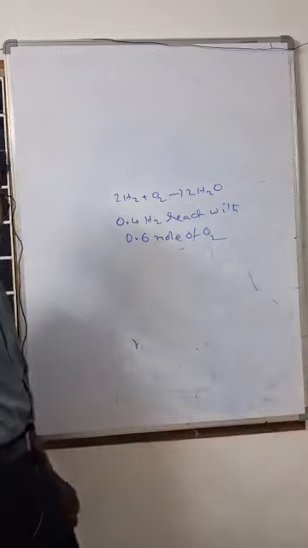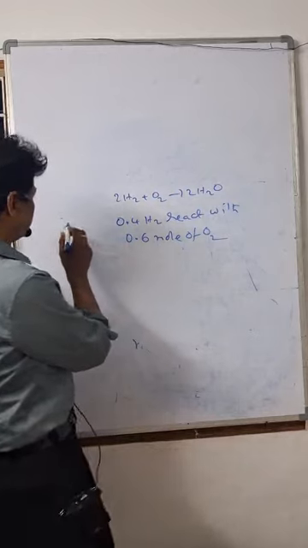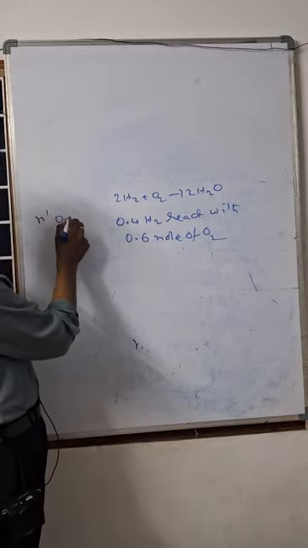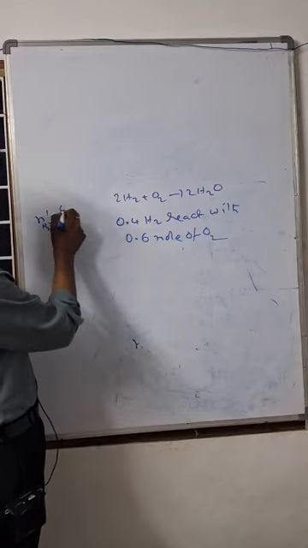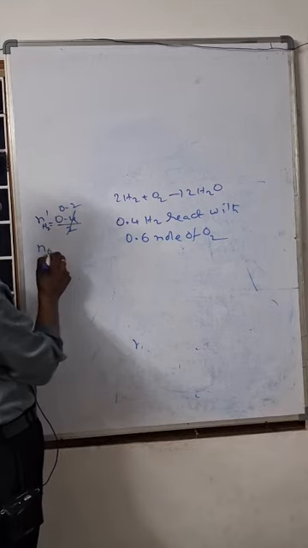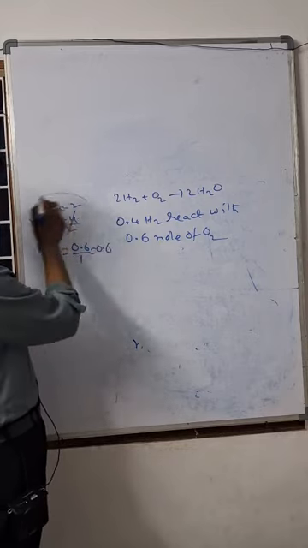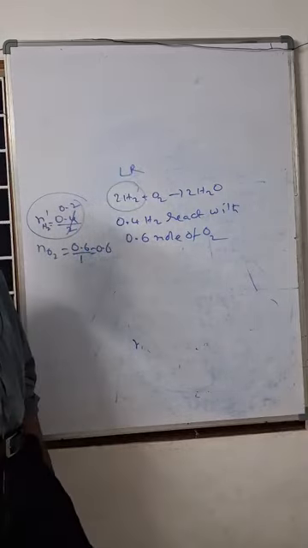First find the limiting reagent. You have to do this in rough notes. Given moles 0.4 by 2, 0.2. Oxygen 0.6 by 1, 0.6. The least is the limiting reagent, so hydrogen is the limiting reagent.